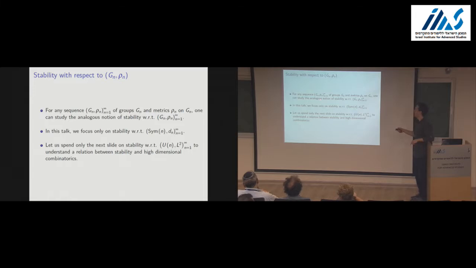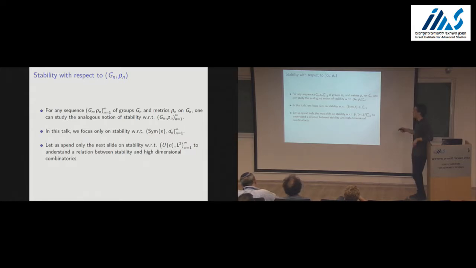Let's take ahead of time the example of the unitary groups with the L2 norm, the Frobenius norm. These are infinite groups, but you can do the same. If I study the same problem of the commutator equation with respect to the unitary group, then it will be the problem of whether almost commuting matrices are close to commuting matrices with respect to this norm.